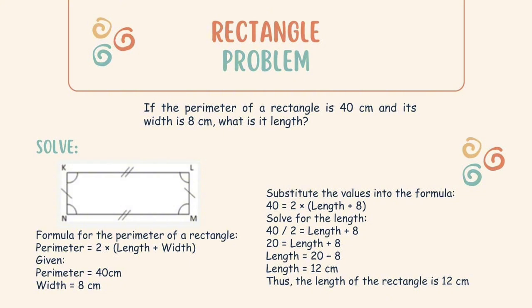Solve for the length. 40 over 2 equals length plus 8. 20 equals length plus 8. So length equals 20 minus 8, which is 12 cm. Thus the length of the rectangle is 12 cm.